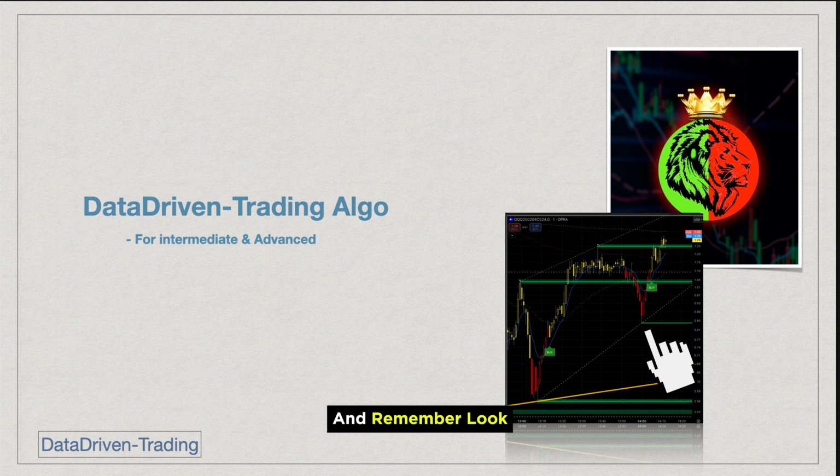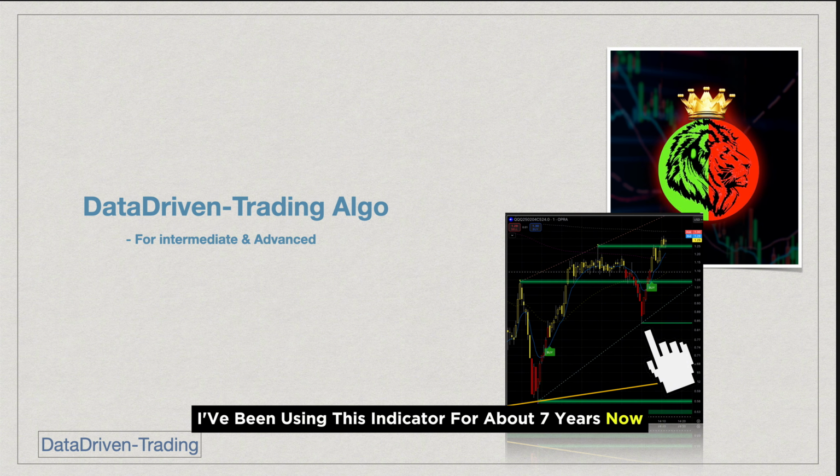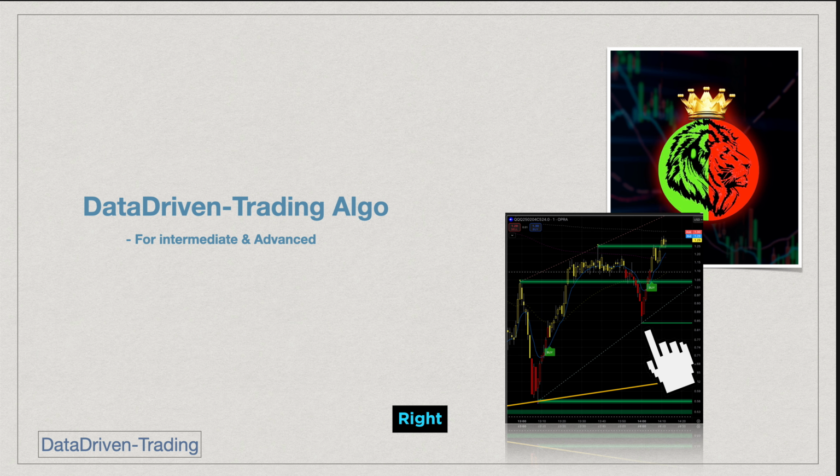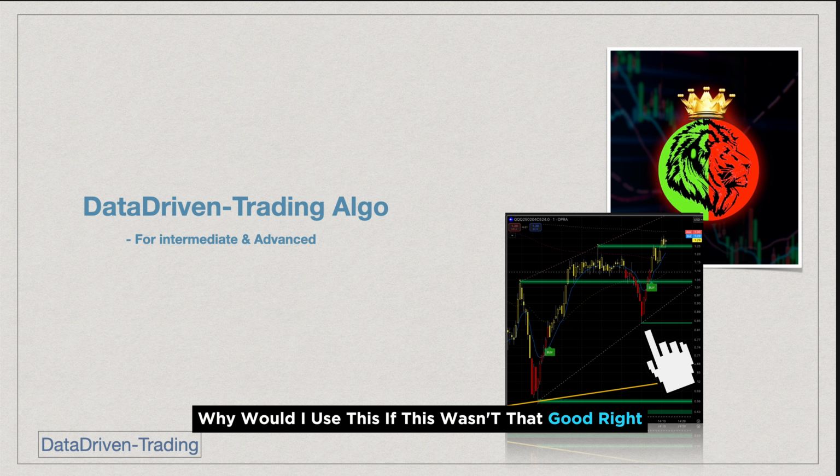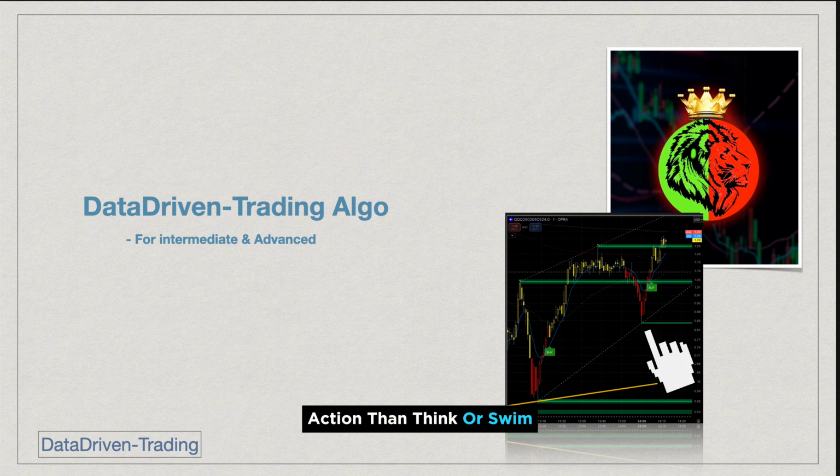And remember, look, I've been using this indicator for about 7 years now, right? Why would I use this if this wasn't that good? I used to use this on Thinkorswim, and then I developed it for TradingView because TradingView has a little bit better charting and a little bit better price action than Thinkorswim.